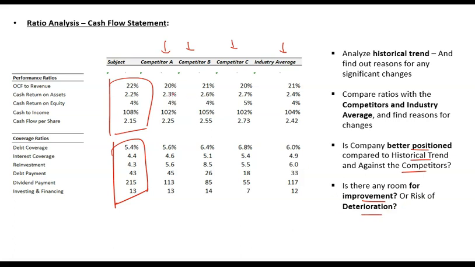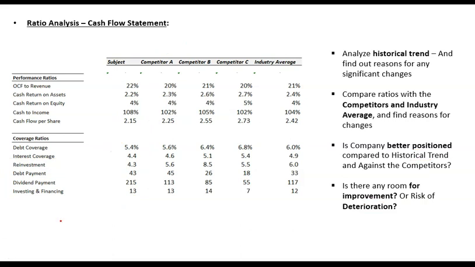So if a company is in a better position compared to competitors, there might be a risk that the company may fall back to the industry average. If the company is not in as good a position as the overall industry, then there is a chance that the company may improve in future.